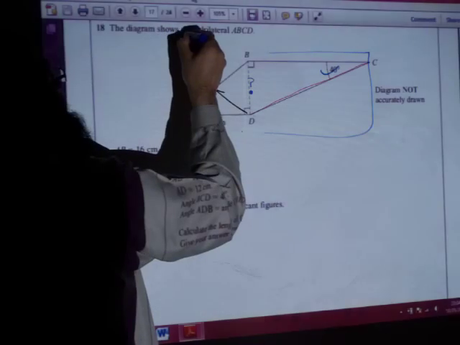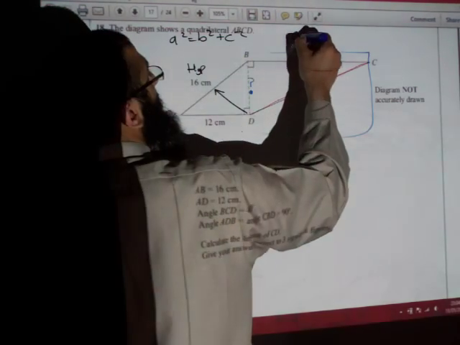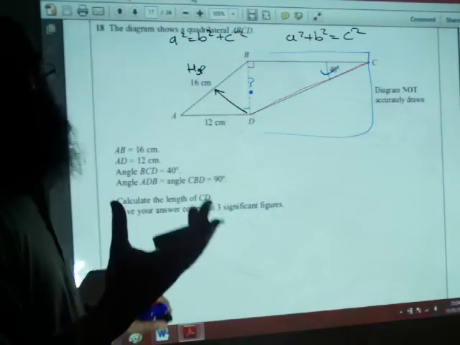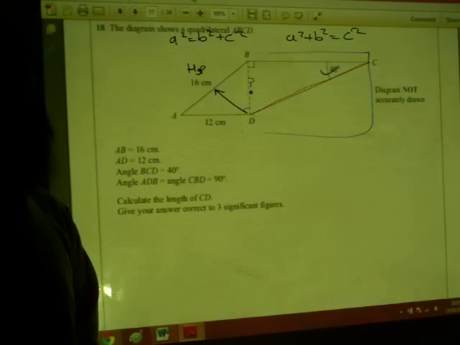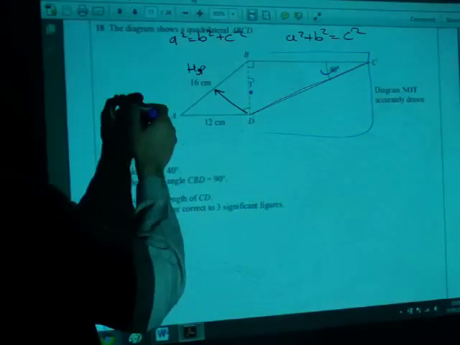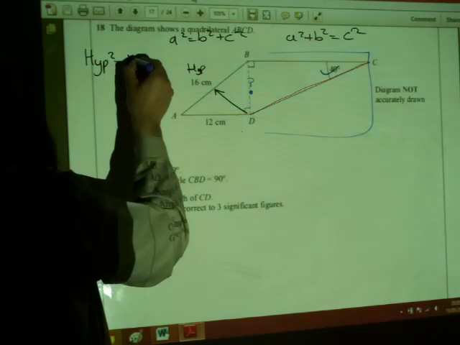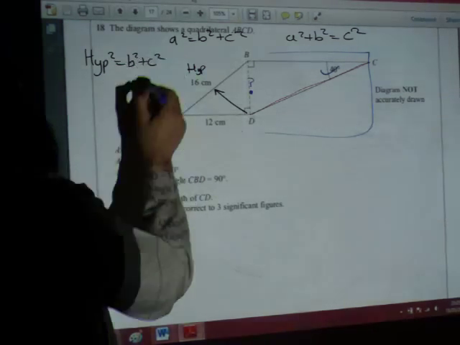It comes like this: a squared is equal to b squared plus c squared. Or a squared plus b squared is equal to c squared. It comes in different variations depending on who teaches you, which book they're using in school. I have my own version. So let's look at the way I would explain it to you. The hypotenuse squared is equal to b squared plus c squared.